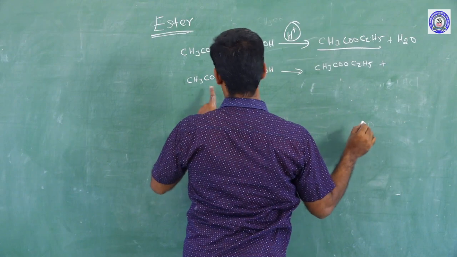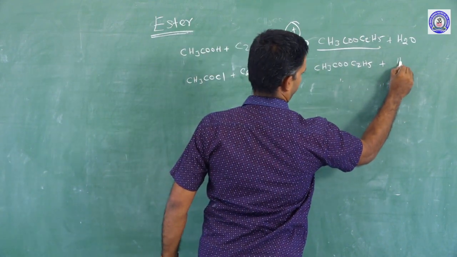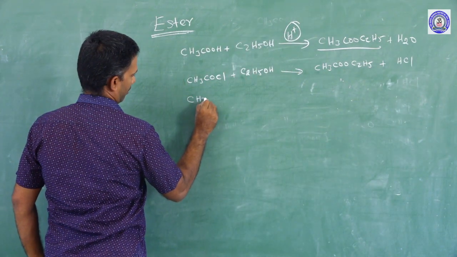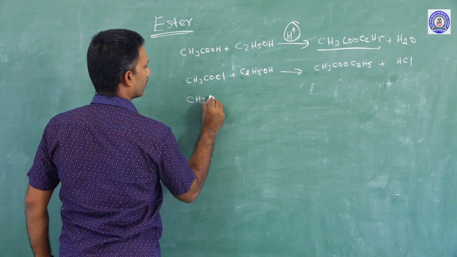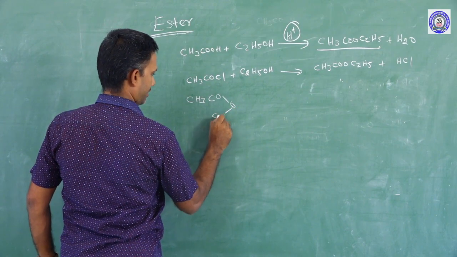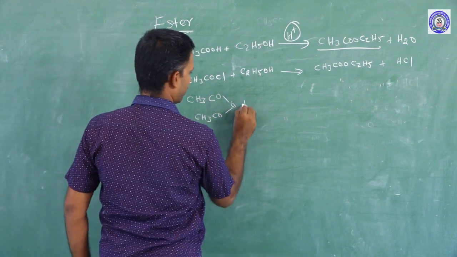In the second reaction, the byproduct will be HCl. Another method of preparation of ester is that acid anhydride can also be used to prepare ester.